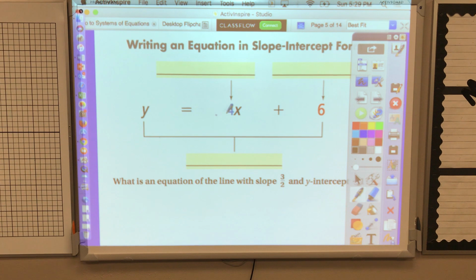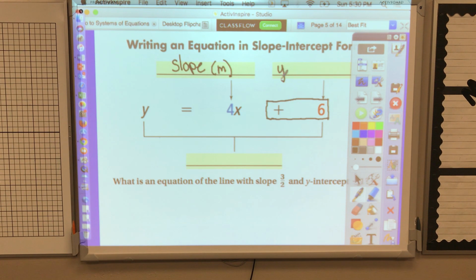In slope-intercept form, as we just said, y equals 4x plus 6 is an example. This 4 is your slope in this equation because it's the coefficient of x. It's representing that m. And this plus 6 goes together. Whatever the sign is tells you what your y-intercept is.